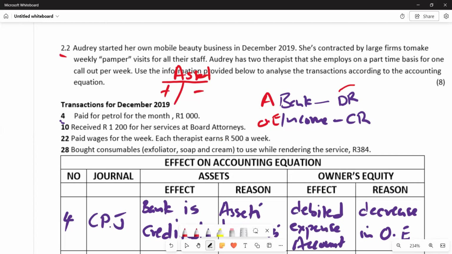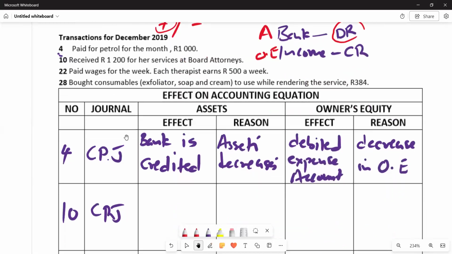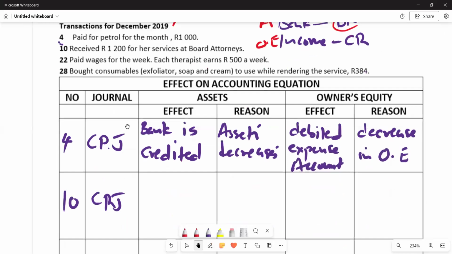So we see that we are debiting here. So it's going to be a plus, which is an increase. So we come here. So bank is debited on the effect. We are saying bank is debited. Then the reason there is that assets increase.